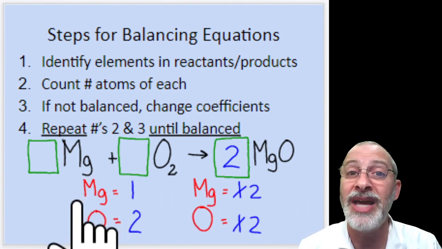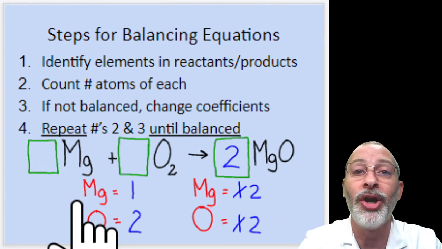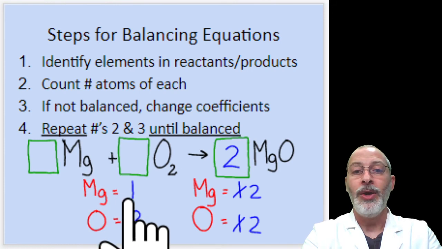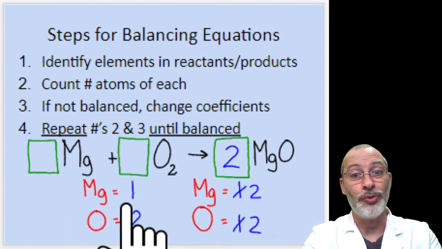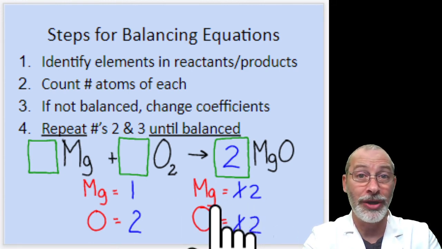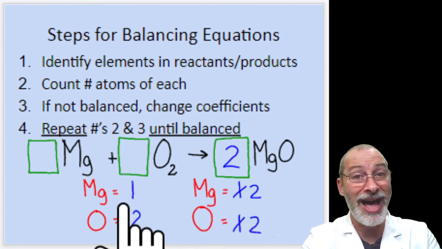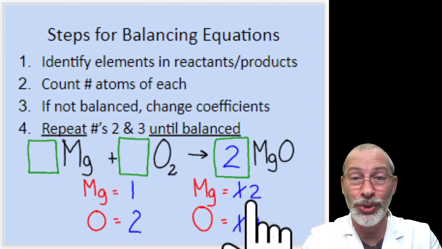Again, use the same tactic. Go to the side of the equation where the number is lower. Where is the number of magnesiums lower? In the reactant side or the product side of the equation? If you said the reactant side, you're right, because 1 is less than 2.